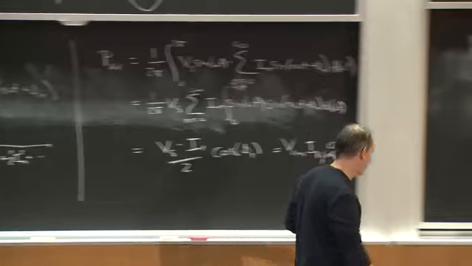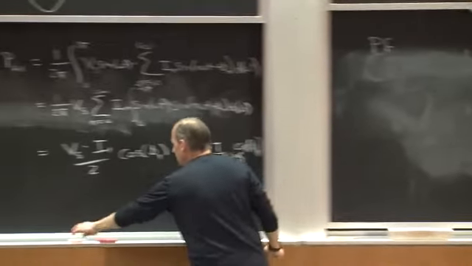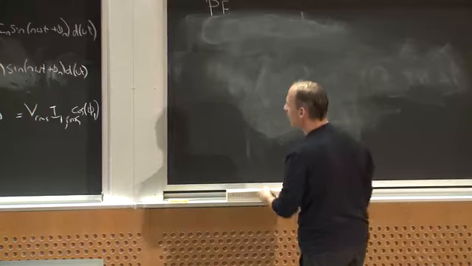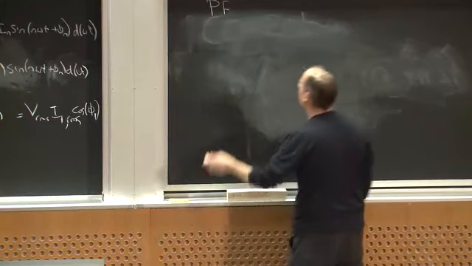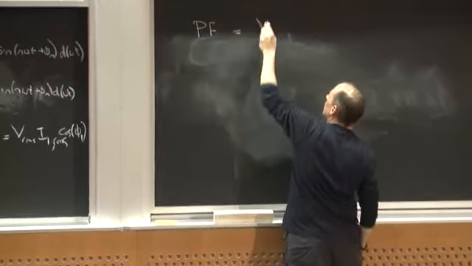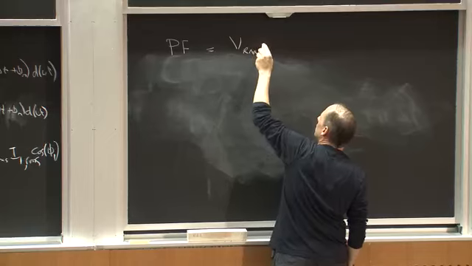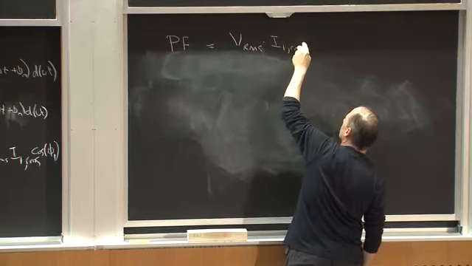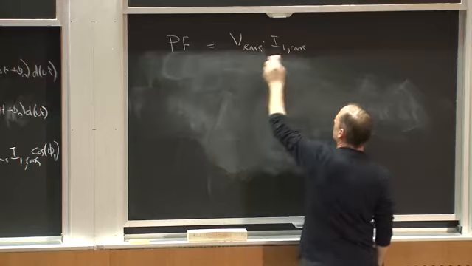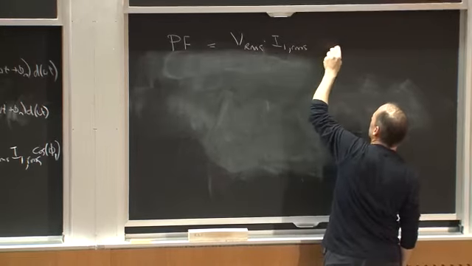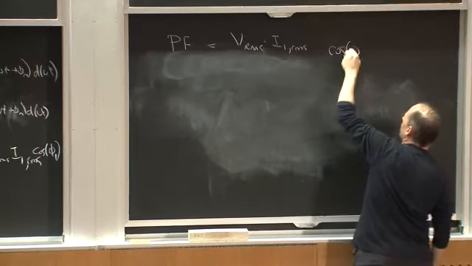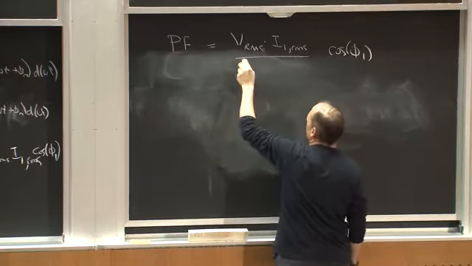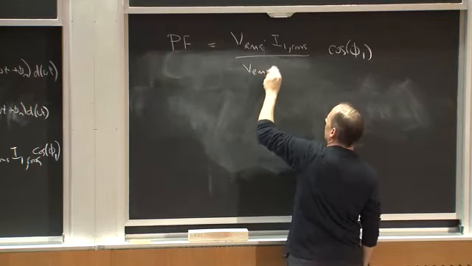The power factor is simply going to be the average power, which is V RMS times I1 RMS, the RMS of just the fundamental component, times the cosine of the fundamental phase of the current, divided by V RMS times I RMS.